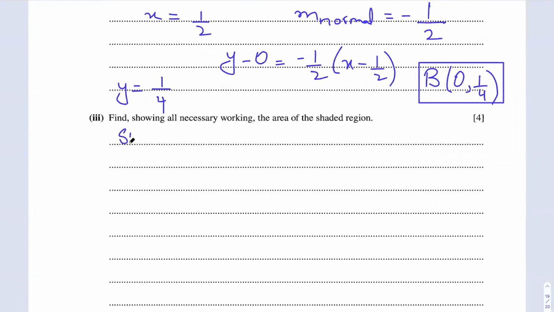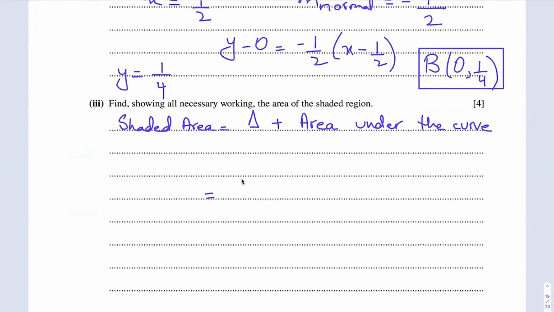So the shaded area consists of the triangle and the area under the curve.